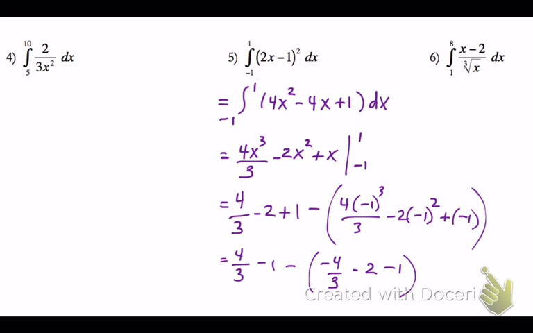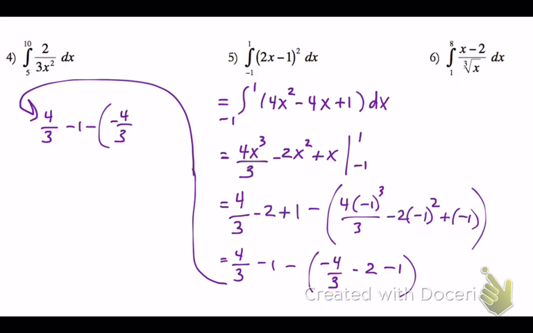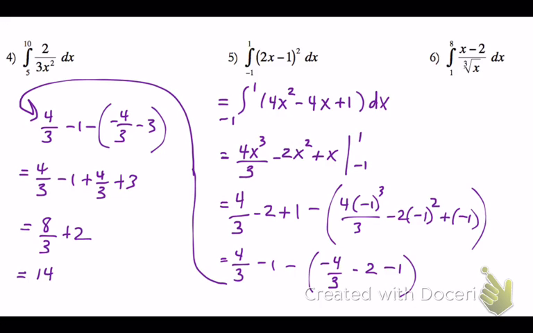If I keep going, and I'll keep going over here so I have extra room, I have 4/3 minus 1 minus -4/3 minus 3. So that's 4/3 minus 1 plus 4/3 plus 3. So that's 8/3 plus 2. 14/3.